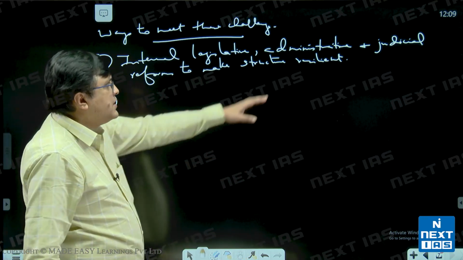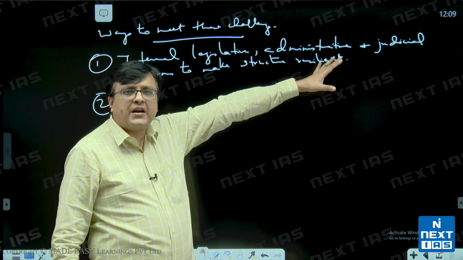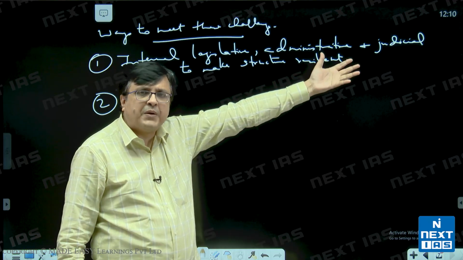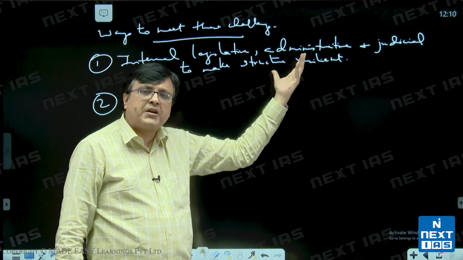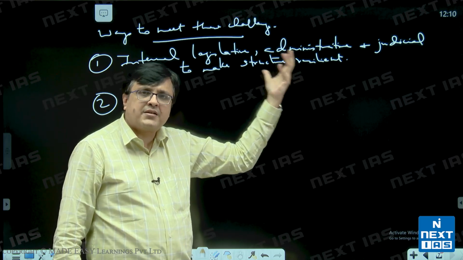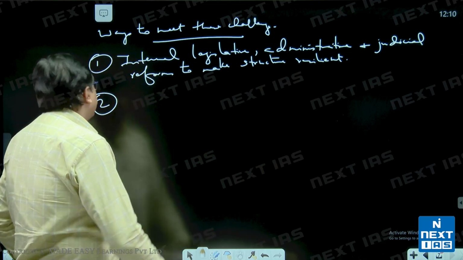Administrative reforms like better protection to property rights, judicial reforms like larger number of benches, faster resolution of cases, legislative reforms like intellectual property rights, environmental protection rights. These things have to be improved.